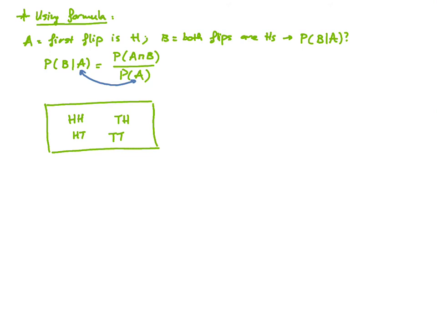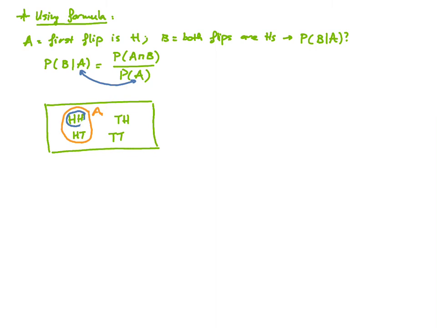So event A is the event where the first flip is a head, and so this circle is going to represent my event A, because we have head-head and head-tail. Now event B is the event where both flips are heads, and so this circle will be my event B.